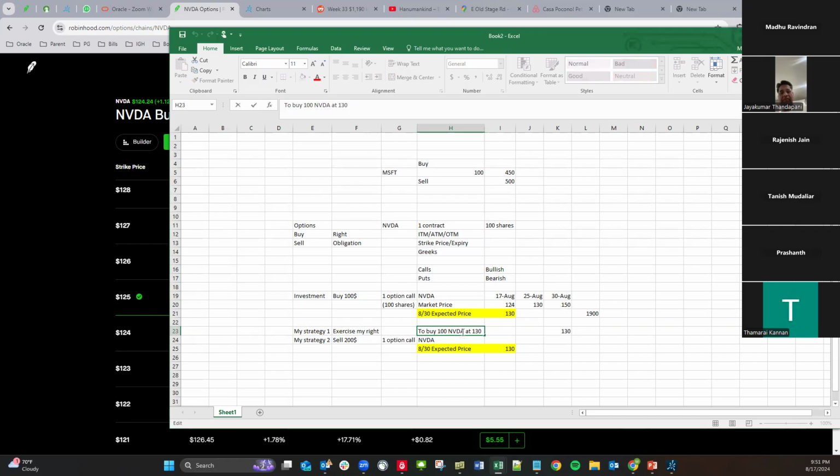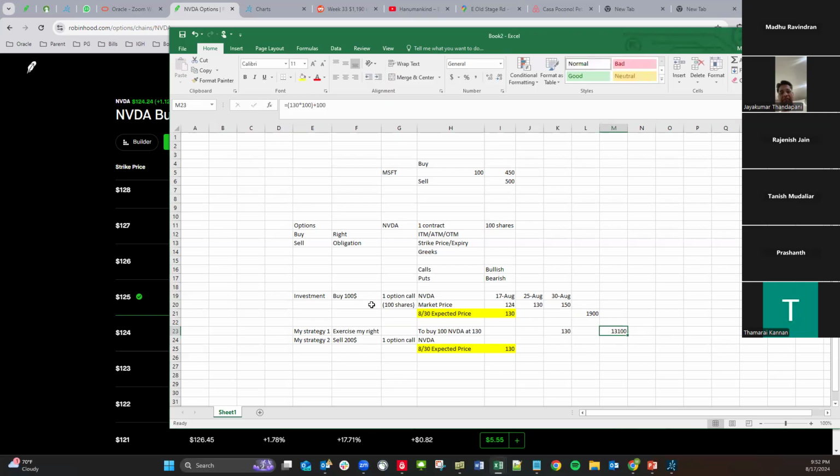And also the capital required, because if you want to buy 100 NVIDIA stocks at 130, then you would essentially need 130 times 100 for 100 shares. So you need 13,000 investment to exercise this. And minus this, sorry, minus the $100 that you already spent. So essentially what you would shell out from your account is for buying this plus the $100 that you paid in premium.